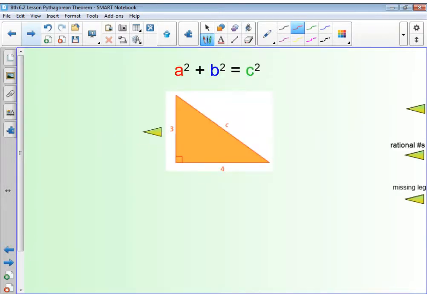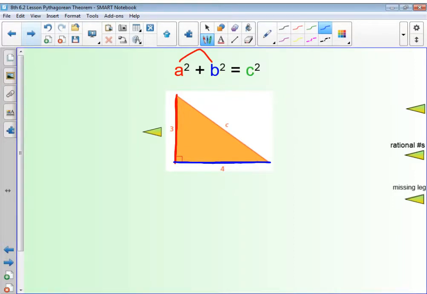So let's go ahead and practice this concept, because this is what we're going to be doing throughout the whole lesson. On here we have A and B. Remember, these are the legs of our triangle, and the legs make up the right angle. So here's our A, and here's our B, for those of you that are visual. Now we're going to plug that information into our equation.